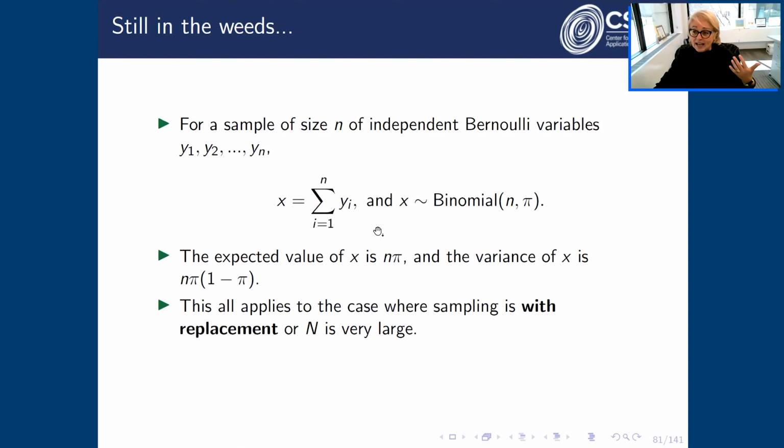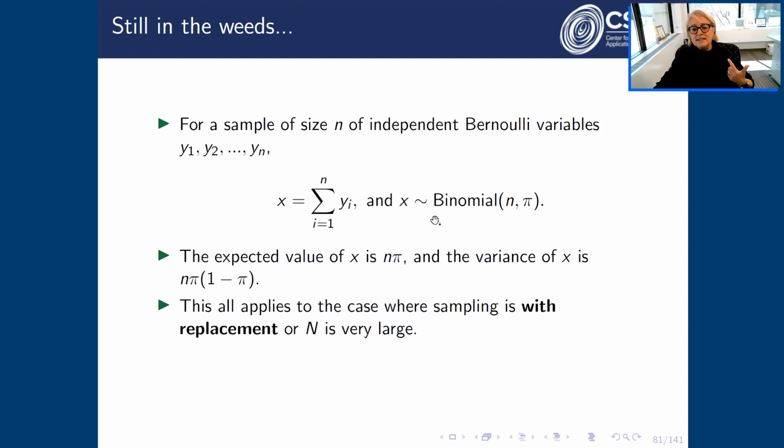And if a single y is a Bernoulli random variable with probability of success pi, this x variable, the number of positives in the sample, is going to be a binomial random variable with fixed n and probability pi.